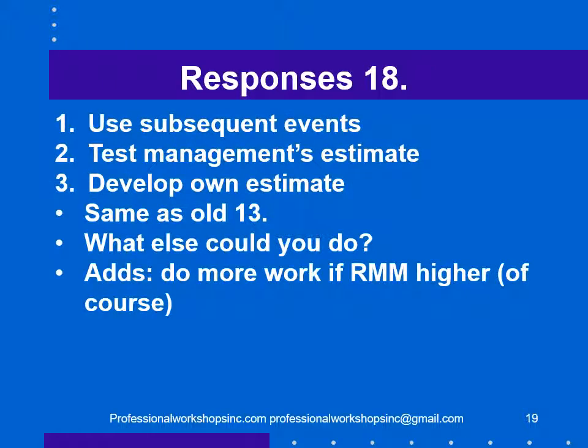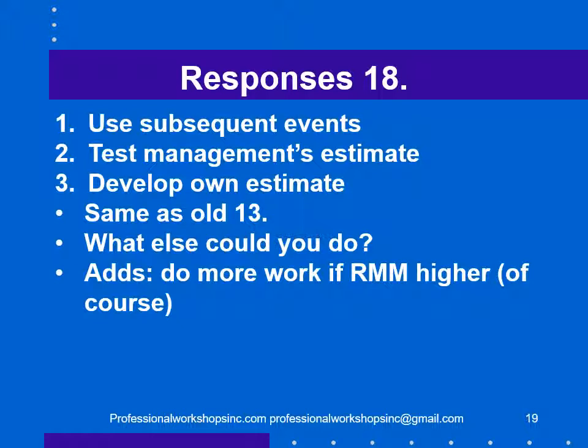Responses to risk of material misstatement are given in paragraph 18. We are given 3 choices: use subsequent events, and that probably, if we're doing a large public company who has to get their financial statements out very shortly after year end, not going to be that helpful because the subsequent events period is not long.